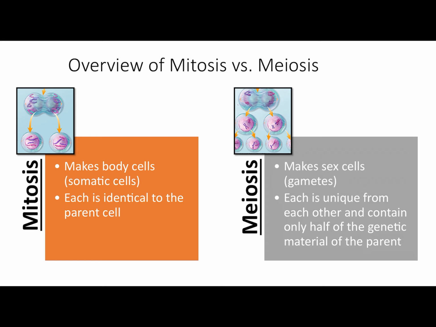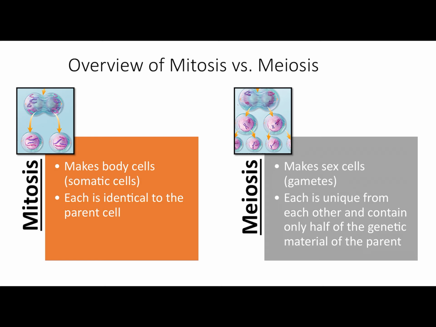So mitosis is a process that you guys are doing constantly, nonstop, all over your body, and it is what is making your body cells, the ones that are somatic, that is the 2N or diploid cell. And every time you do mitosis, the 2 daughter cells that are made at the end are going to be identical to what you start with, which is the parent cell. So you start with 2N and you end with 2N cells or 2 diploid cells.